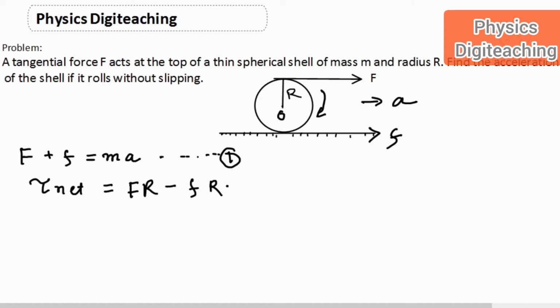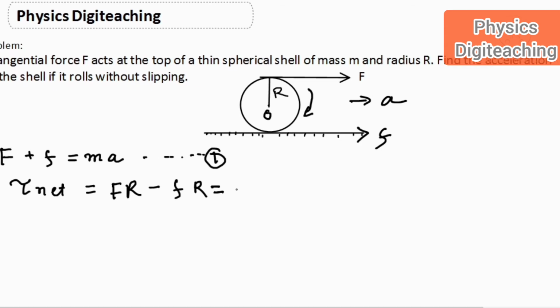Now this is equal to I into alpha. We know torque equals I into alpha. Again we know linear acceleration a equals R alpha.